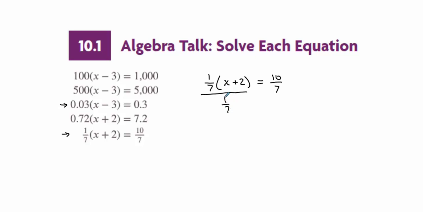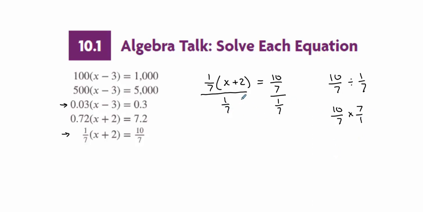And if we take a fraction and divide it by another fraction, or if we're dividing by a fraction, we're really just multiplying times the reciprocal, right? If we take 10 over 7 divided by 1/7, when we divide by a fraction, we need to multiply by the reciprocal. So this would turn into 10/7 times 7 over 1.